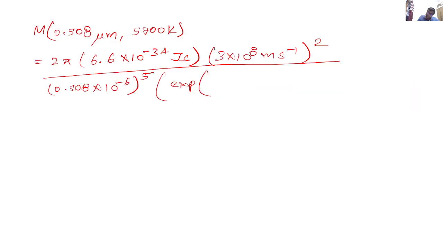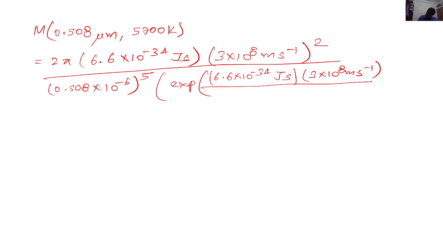h is, we know very well, Planck's constant, 6.6 into 10 power minus 34 joule second, into 3 into 10 power 8 meter per second, by lambda kT.